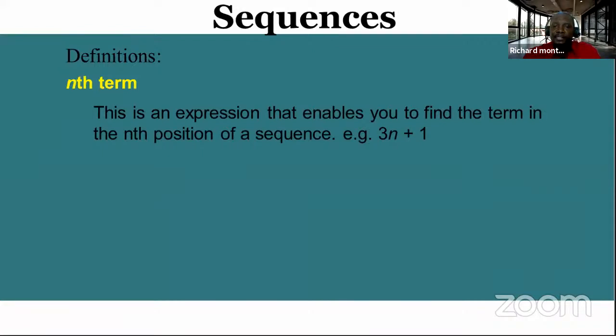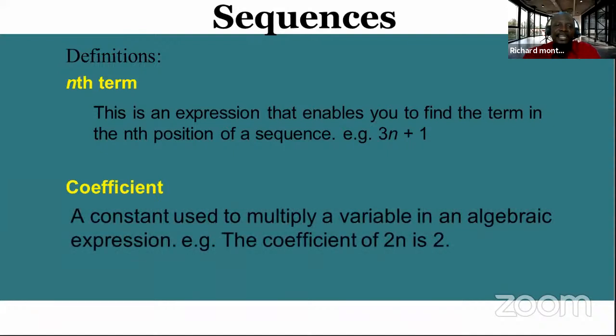If you want the second term, you replace n with 2. If you want the first term, you replace n with 1. Now, coefficient, you have been used to coefficient from as far back as grade 4. It is that constant that is used to multiply a variable in an algebraic expression. So in this example, we have 2n, where the coefficient is 2.